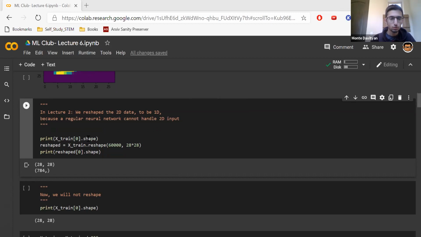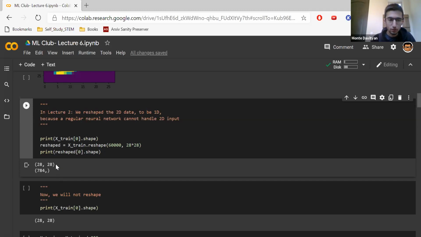The original shape of the image is 28 by 28, and we reshaped this to 28 times 28, or 784, which is all flattening the image. It's taking the 2-dimensional image and making it 1-dimensional, flattening the entire array.